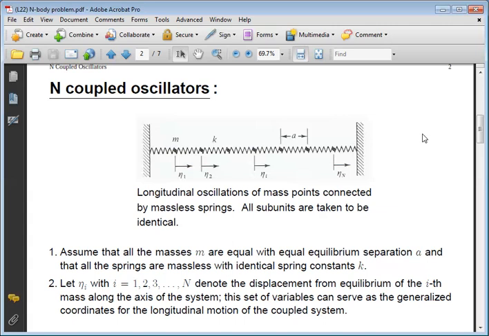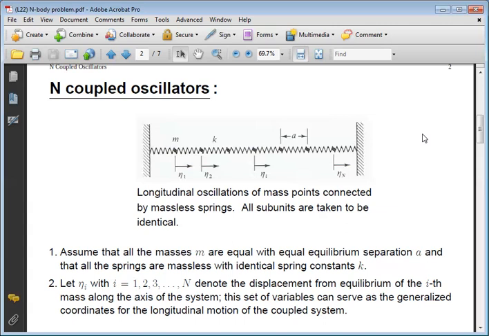Of course, for a common string, instead of having longitudinal oscillations, it has transverse oscillations, but the analysis is the same. So instead of analyzing the longitudinal oscillations of n mass points, we examine the transverse oscillations of n mass points, and then finally take the limit n approaching infinity, a approaching 0.